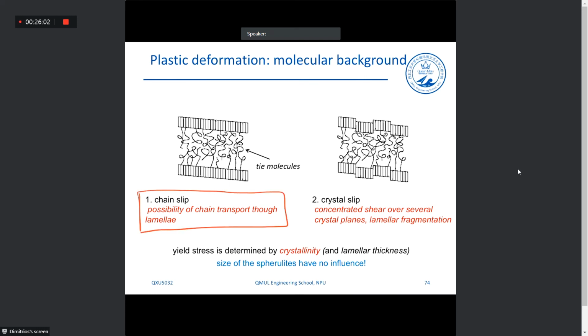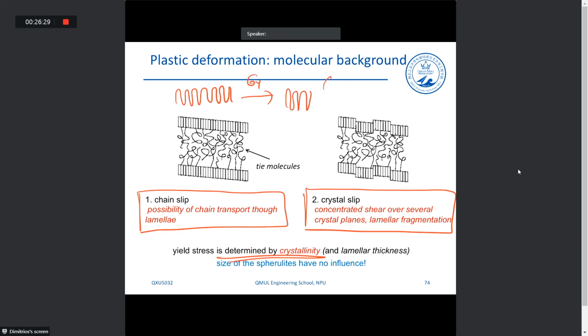Okay, we talked about that, what happens after the yield stress, and the yield stress is generally determined by crystallinity. So it depends on how many crystalline areas we generally have and how long these are, and what will happen after the yield, where they break, and if there are also tie molecules between them or not.